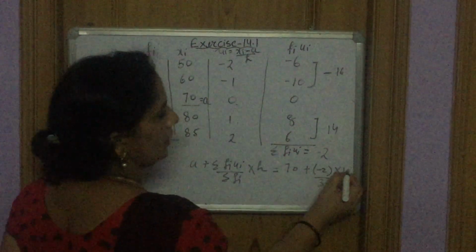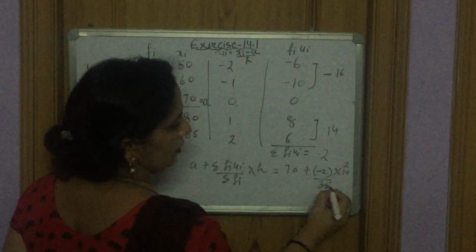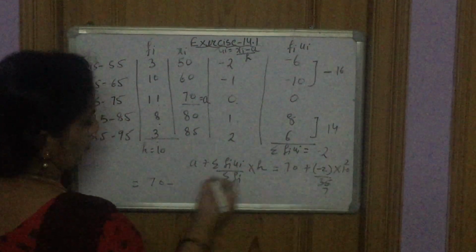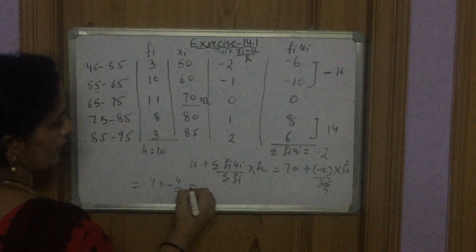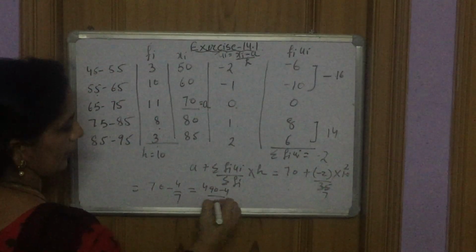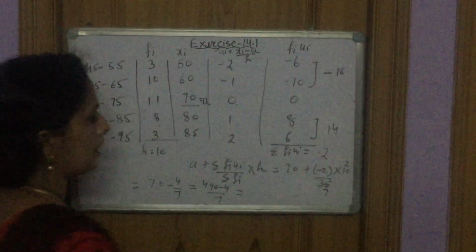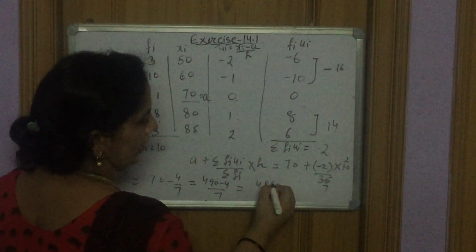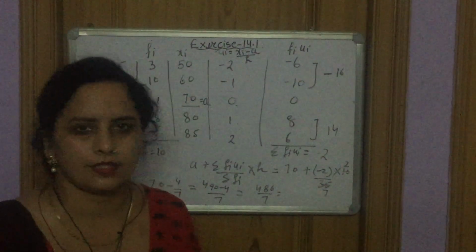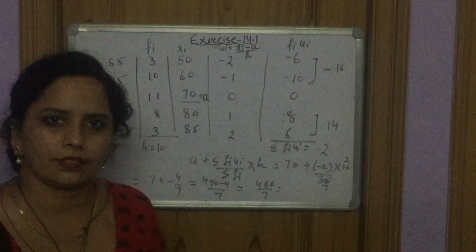After solution we get 70 minus 4 divided by 7. Then 490 minus 4 divided by 7. After subtraction we have 486 divided by 7. So this is our final answer. This is the step deviation method. Okay.